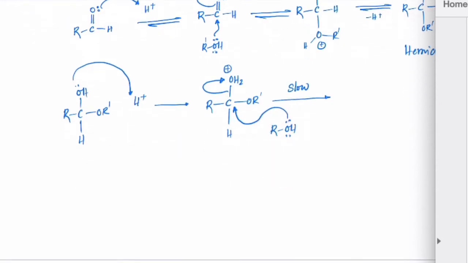Which means if this group leaves, we can have OR, H and ROH, which will be resonance stabilized here, right? And then ROH will attack on it. So this is through the SN1 mechanism.